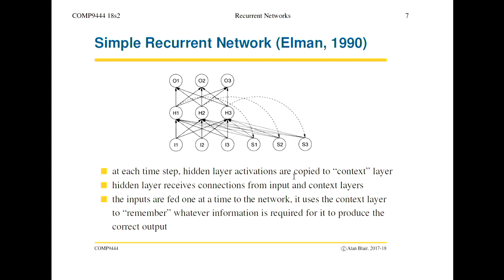I don't know if that makes this perfectly clear, but I'm going to show a couple of different pictorial representations so that hopefully you'll get the idea. So, at the first time step, these are the input units. Let's say that we were going to do the NETtalk task.